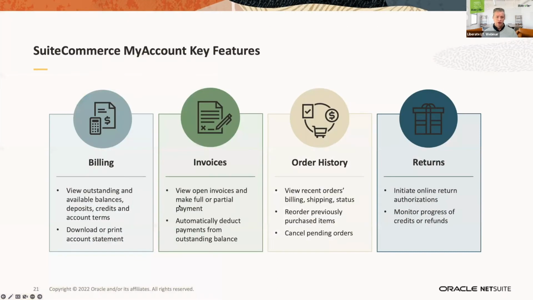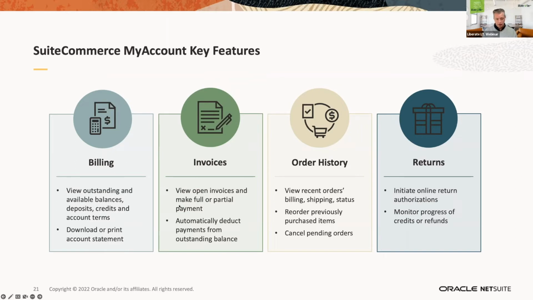So what are the different modules available within MyAccount, or rather than modules, what are the different feature sets? So billing: your customers will be able to look at outstanding invoices, what their balances are, pay their invoices, download statements, and look at what has been ordered recently, and they can reorder previously purchased items.